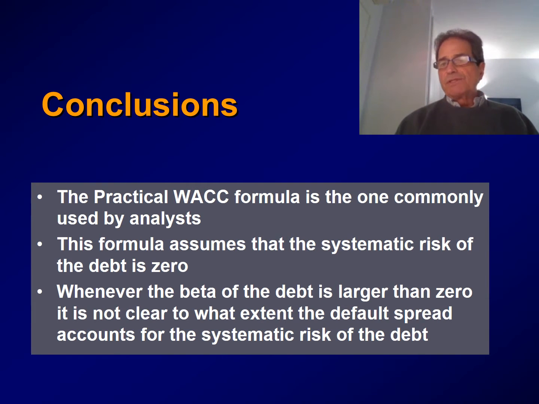This formula assumes that the systematic risk of debt is zero, something that practitioners are usually not aware of. But whenever the beta of the debt is larger than zero, then the question is to what extent the default spread is including the systematic cost of the debt. And this is the main problem of using the practical WACC formula. And this is all I wanted to share with you on this occasion.